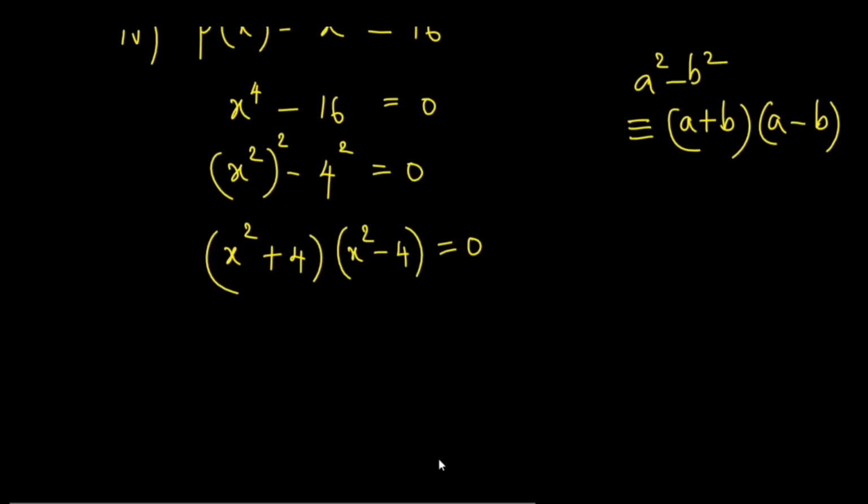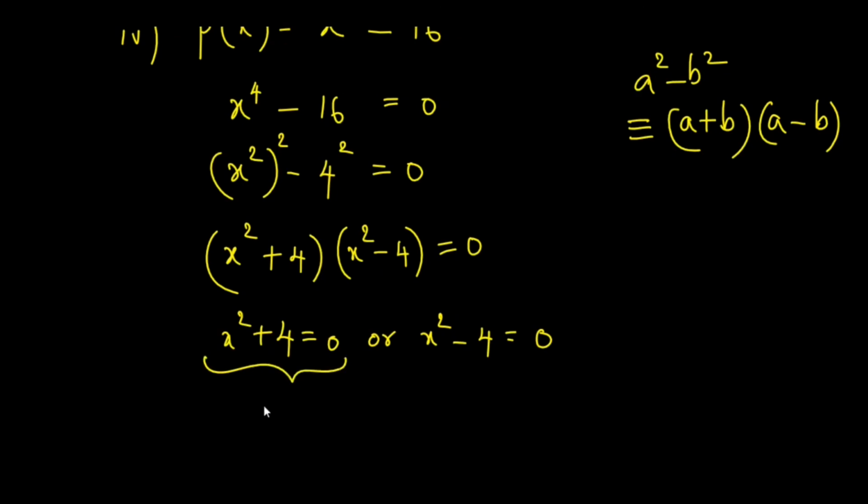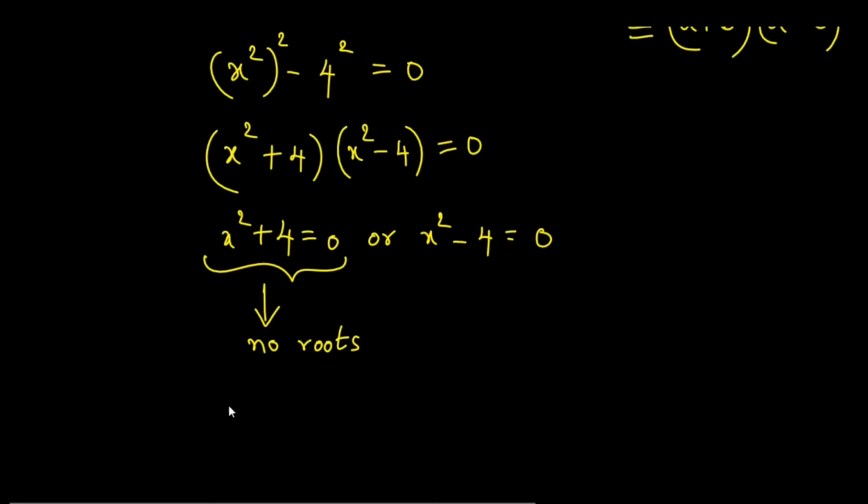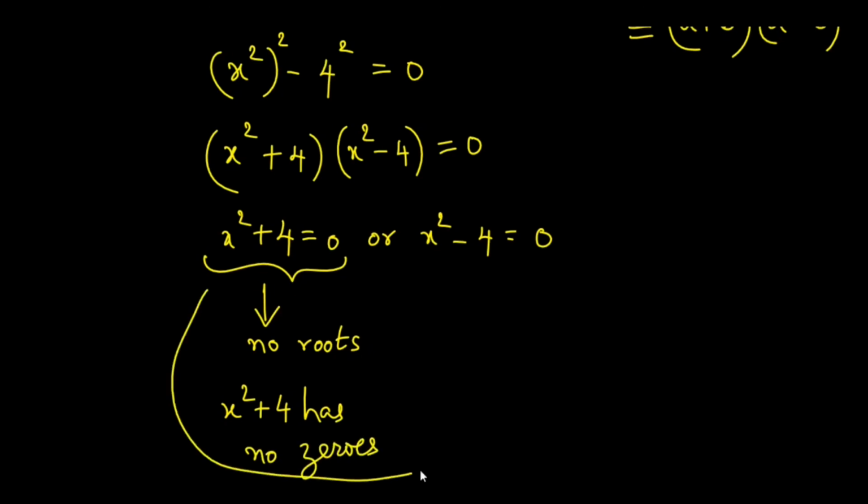So either of the factors should be 0. x square plus 4 equal to 0 or x square minus 4 should be 0. Here this one has no roots. So x square plus 4 has no zeros.